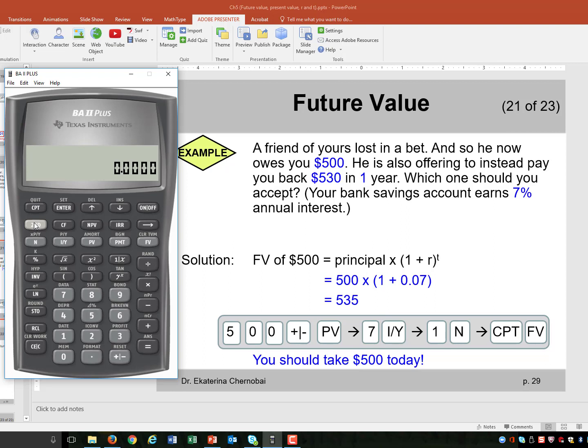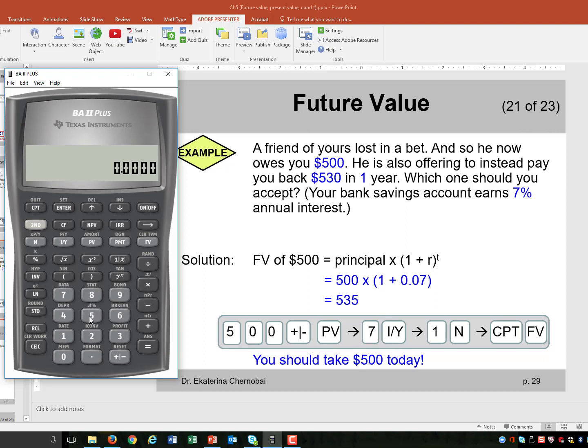Let's clear everything. Second, FV, or my preferred way of clearing is a full reset, just to be sure. Second, plus minus, enter. We can increase the decimal places. Let's do that. Second, format, let's make it 4 and press enter.